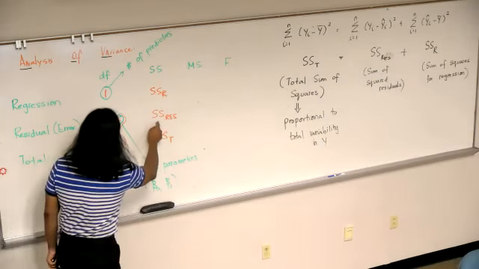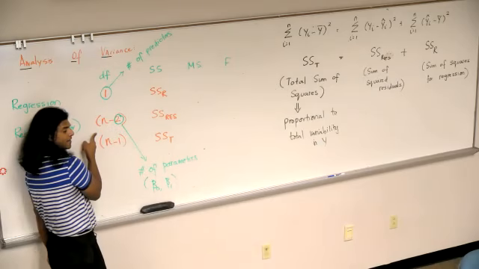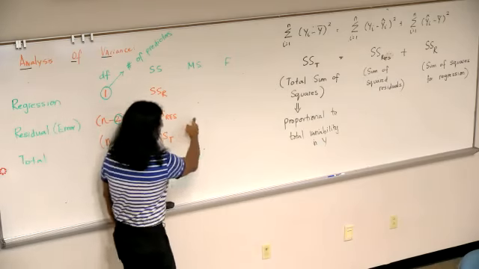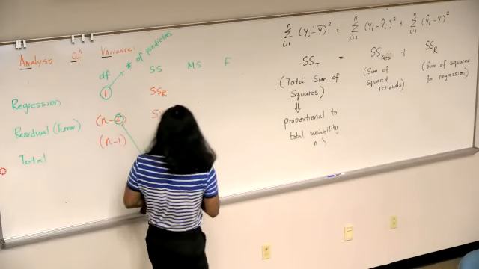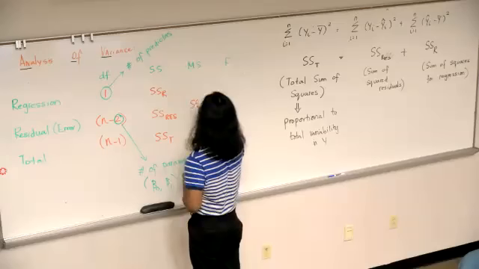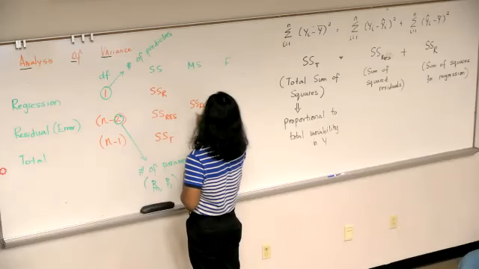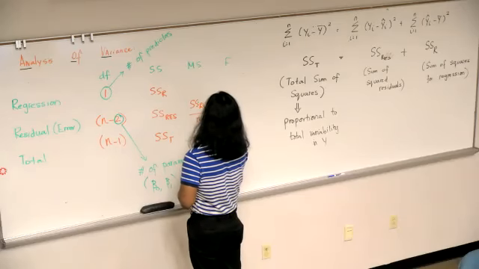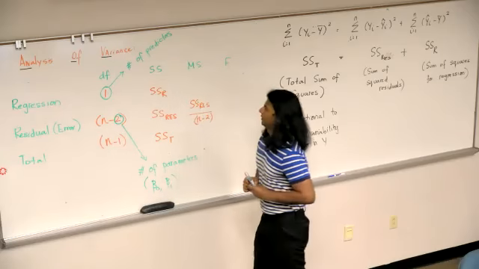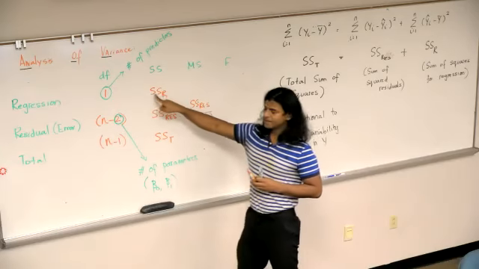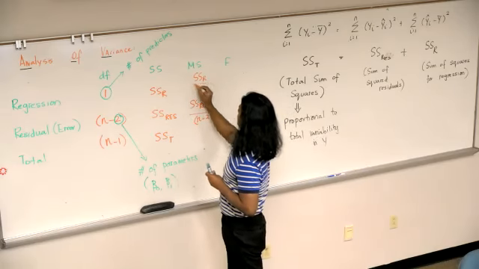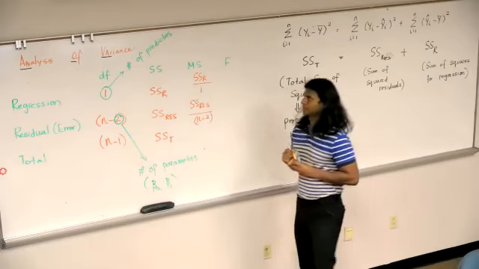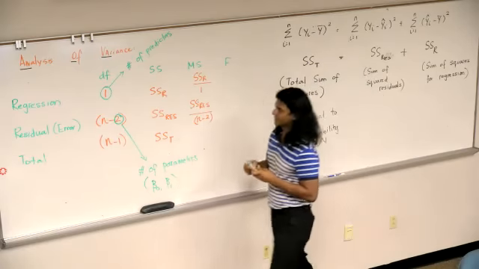If I take SS regression, divide by 1, I will get MSR. If I take SS residual, divide by n minus 2, I am going to get MS residual.